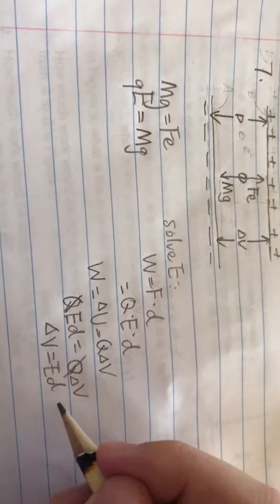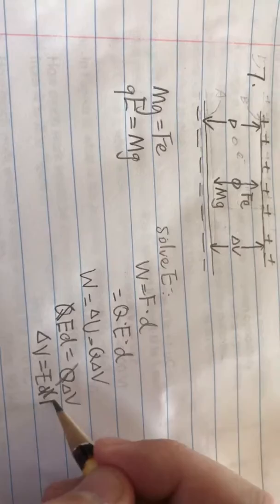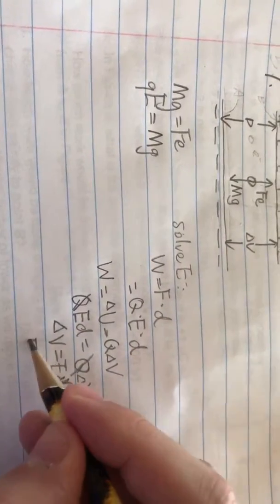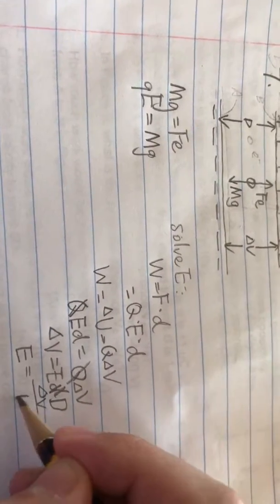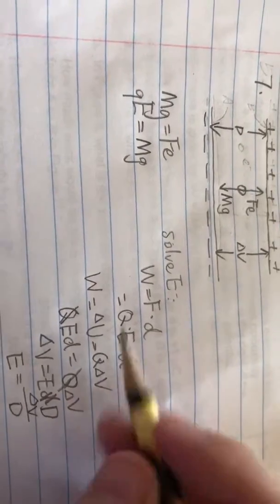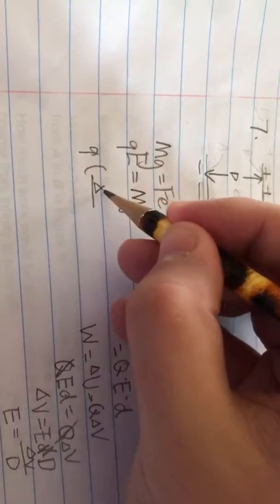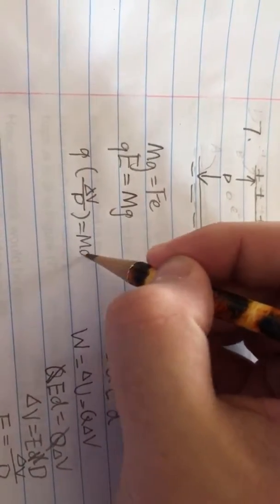Well, in this case, the D is the capital letter D, so now we can isolate the electric field, and we get delta V over D. Now we have this quantity, we plug it back into that equation, and we will get Q times delta V over D equals mg.